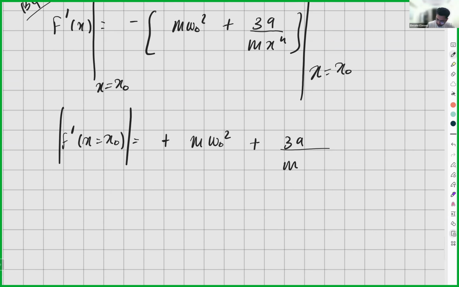So a square m square omega naught square. So 1 m gets cancelled. 4m omega naught square, right? So this is nothing but k. So omega can be written as square root of k by m. So this becomes 2 omega naught.